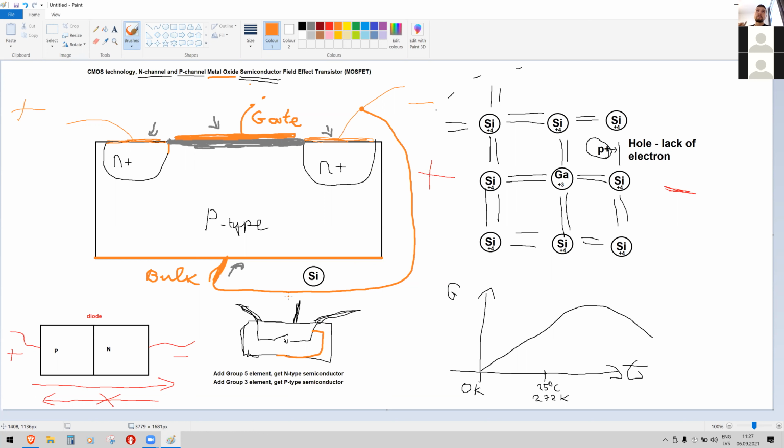And these wires will have the following names. The wire to which bulk is connected will always be called source, because electricity will be mainly flowing out of it. Source. And the other wire, since electricity will mostly be flowing into it because of some things in the schematics, is called drain.